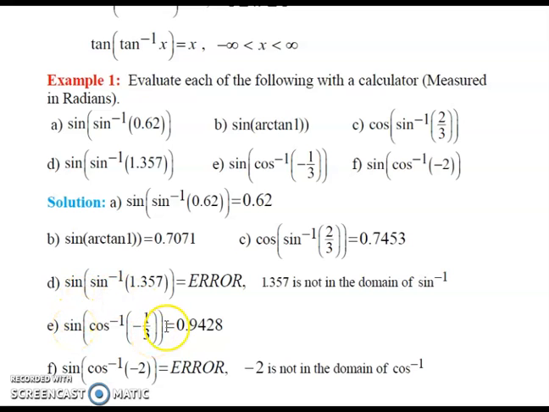We will get the value 0.9428. Sine of cosine inverse of -2 gives an error because -2 is not in the domain of the inverse cosine function. The domain of the inverse cosine function is -1 to +1. Therefore, this shows an error in the calculator.